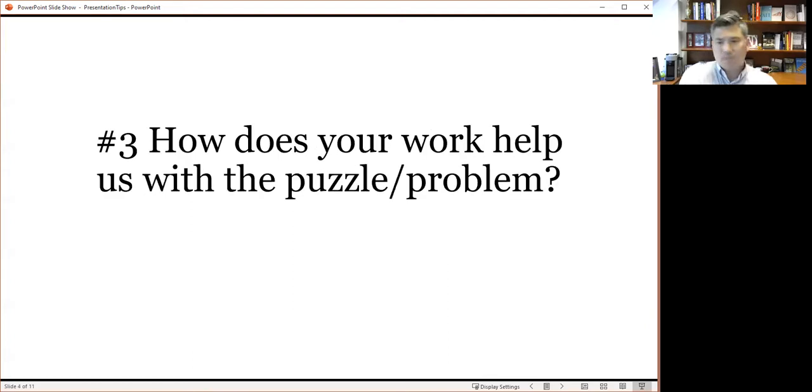All right. Third question, how does your work help us with this puzzle or problem? Right, so you've got this problem that you're developing. You're talking about how people might care about it. Third piece is, how does your work help solve this puzzle or problem, right? So here you don't want to be shy about it. You want to talk about how your work is really important to understanding and eventually solving this problem.